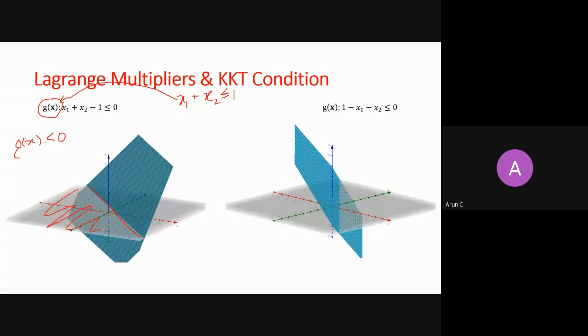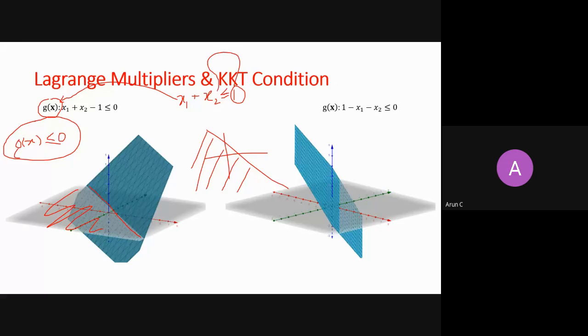In 2 dimensions, if you draw the line x1 plus x2, and I say that it is less than 1, I'm talking about this area. And if I want to convert it into the standard form, which says g(x) is always less than or equal to 0, what I will do is take this 1 and bring it to the other side, so x1 plus x2 minus 1 is less than or equal to 0.